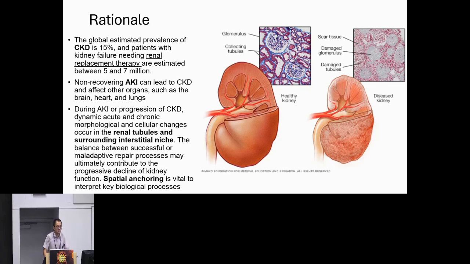I think the biggest challenge in modeling kidney-related spatial transcriptomics is that the kidney has a very heterogeneous and mosaic-like tissue architecture. So we know that one kidney contains more than 1 million nephrons, consisting of the glomerulus and the tubules.